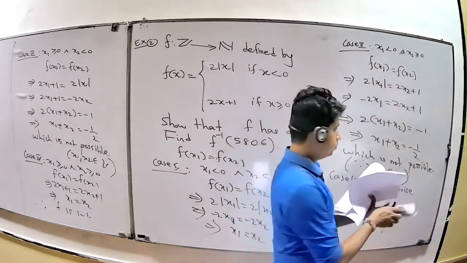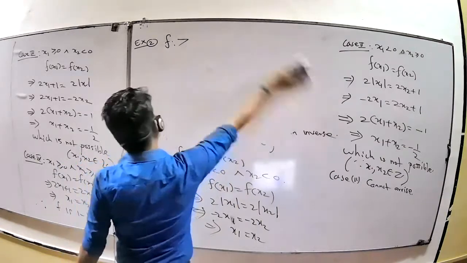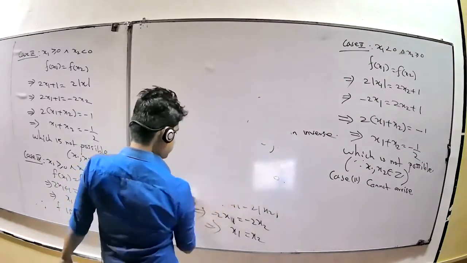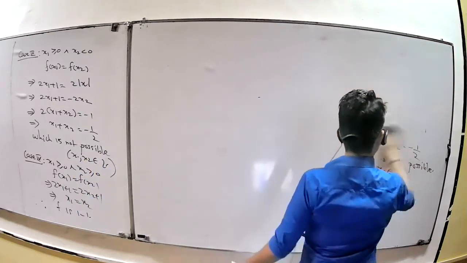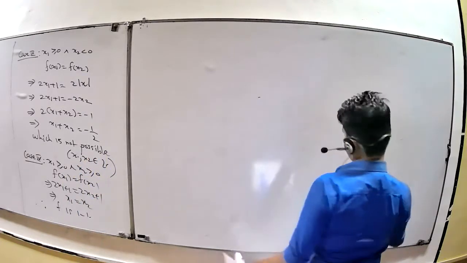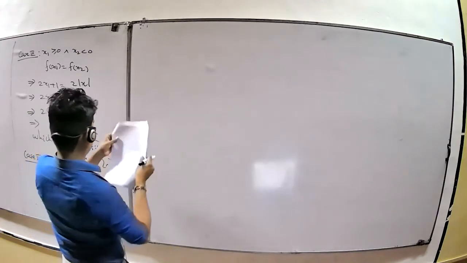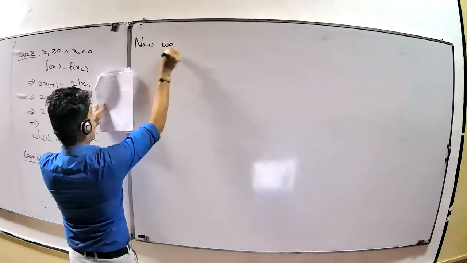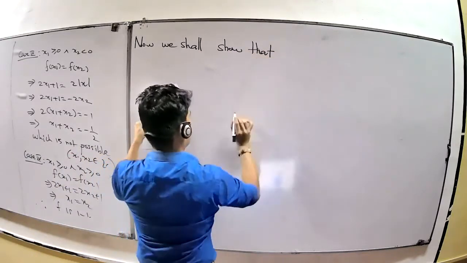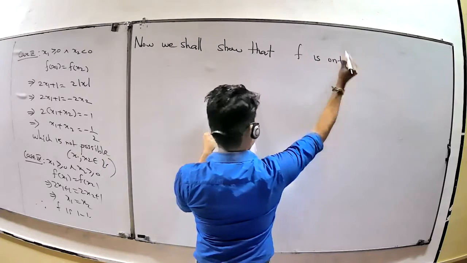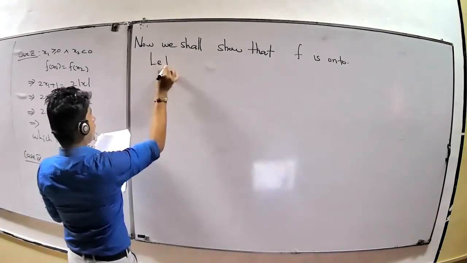Now we shall show that f is onto. Here, let your y belong to the natural numbers.